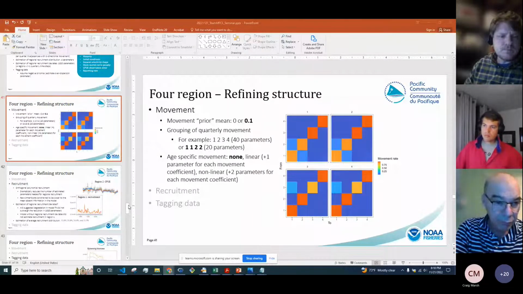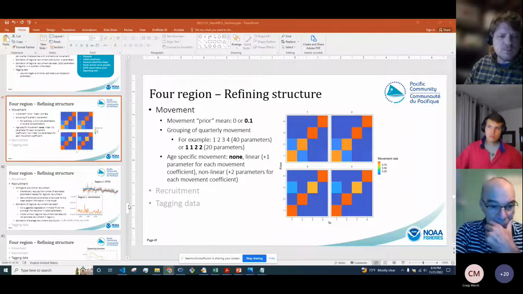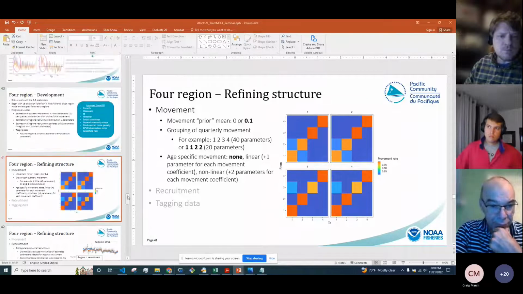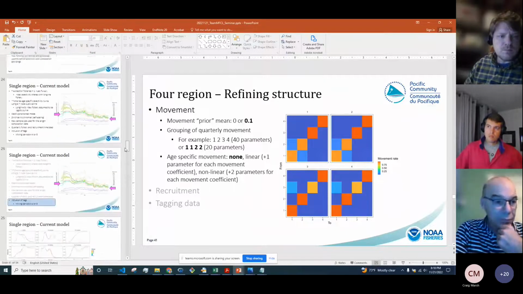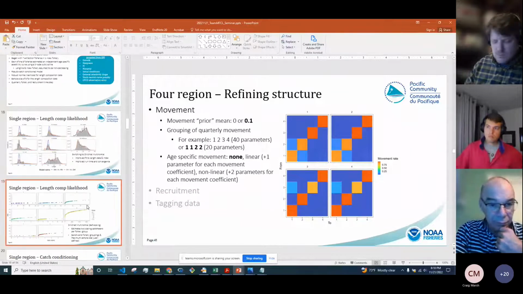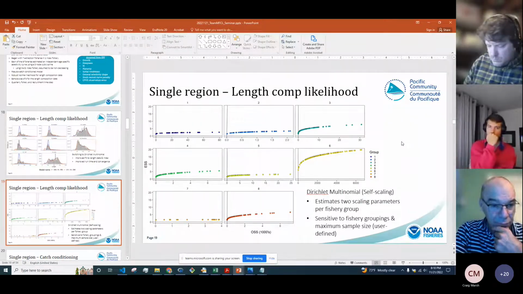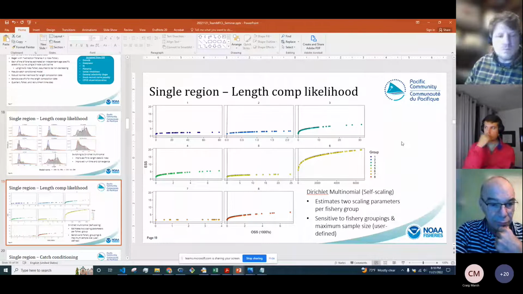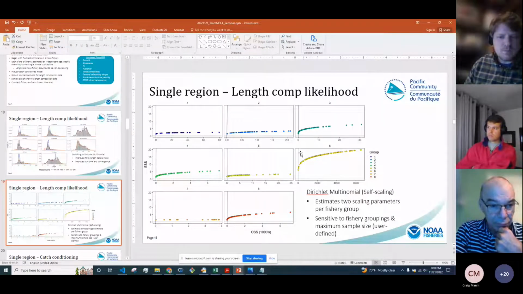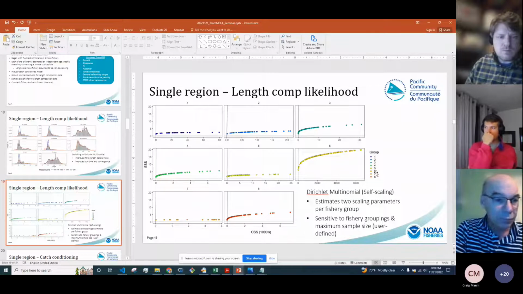Even though we had massive observed sample sizes in some of these data sets, I think for the purslane fishery, is it fishery 6, there were quarterly sample sizes of over a million fish, the Dirichlet multinomial was still down-weighting that size data quite massively into single figures. So we weren't telling it to do that. That's what it was coming up with through the statistics of the Dirichlet multinomial.